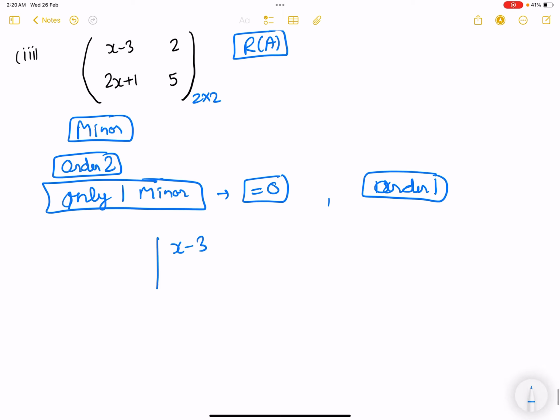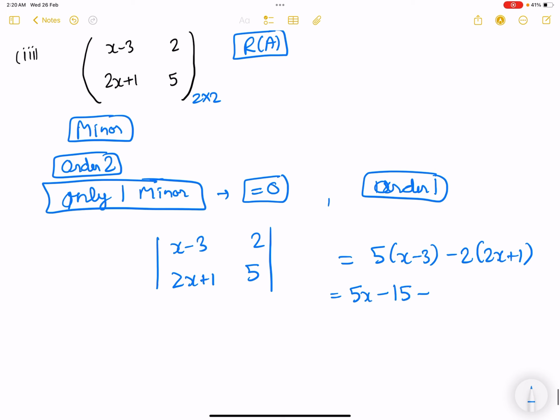Okay, now the determinant of this minor would be x minus 3, 2x plus 1, 2, 5. So determinant would be 5 times x minus 3 minus 2 times 2x plus 1. So this becomes 5x minus 15 minus 4x minus 2. So this is x minus 17.